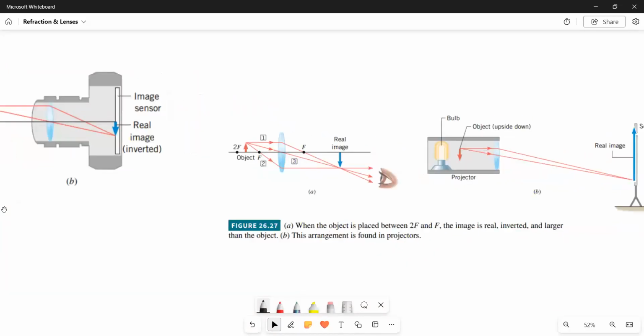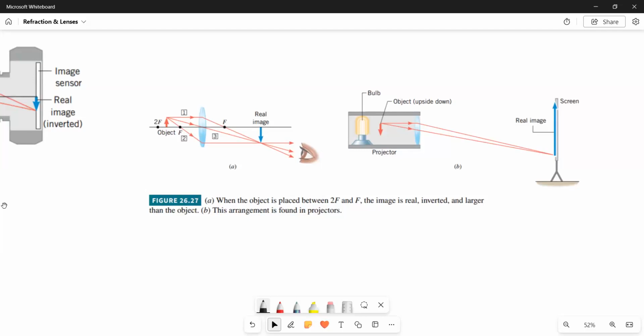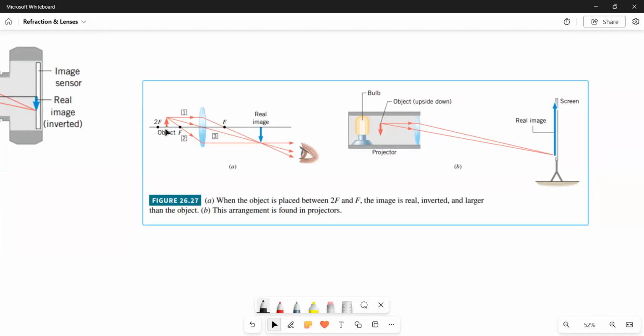And then look at another one. Oh, well, I kind of gave it away here. Where you put the object between the focal length and two focal lengths. Right? And what happens there is a magnification of the image of the object. The image is really a magnification of it, right?